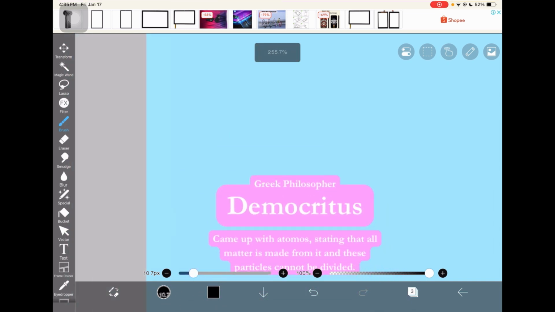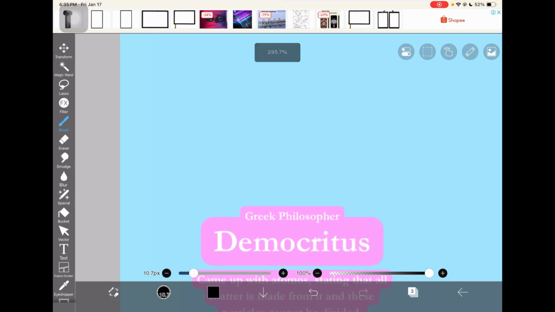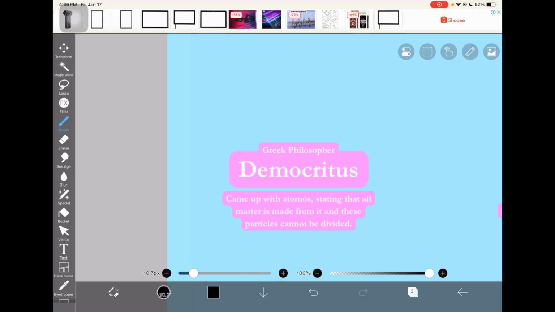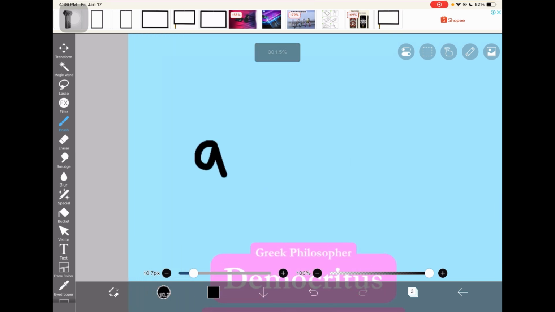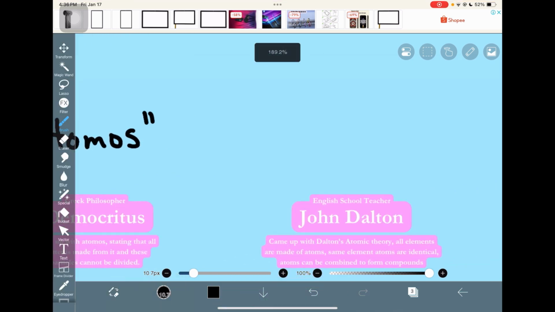He came up with the atomic theory, but we didn't really discuss it. He just stated that all types of matter are made from atomos. These are indivisible particles. So all matter around us is made of indivisible tiny particles called atomos. He just came up with the word atomos, but this is the first concept of atomic theory.